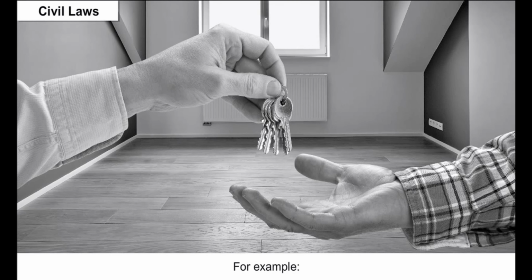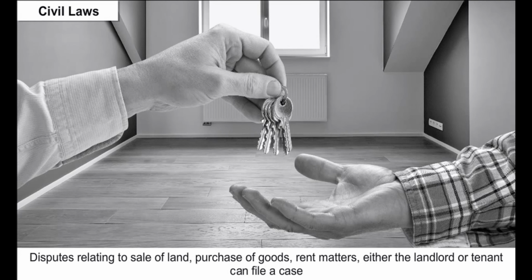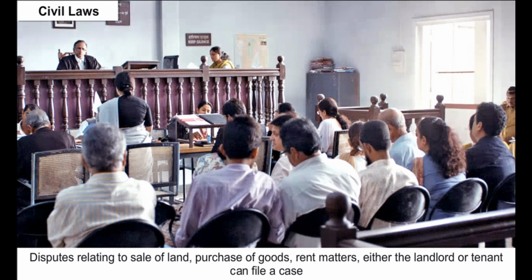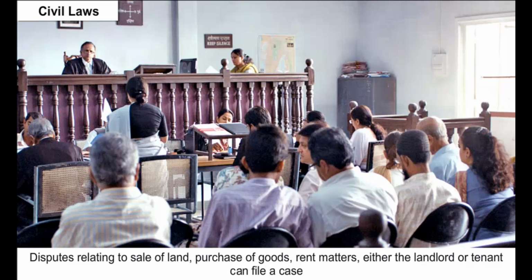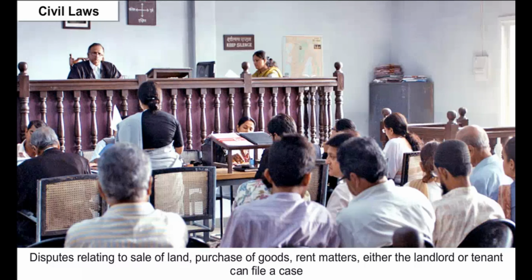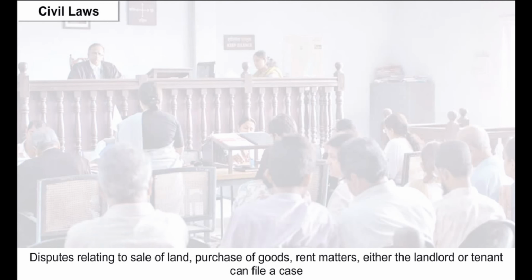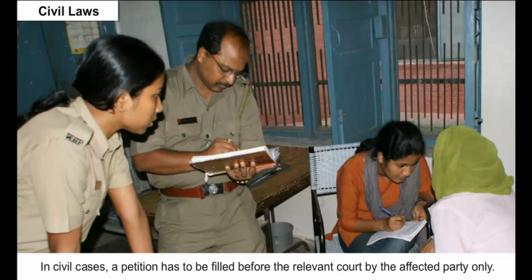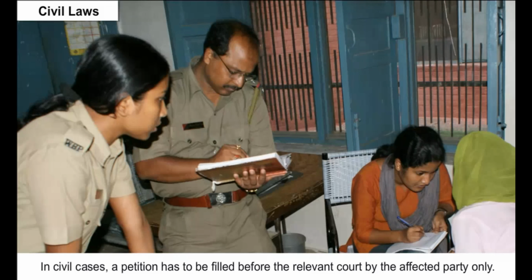For example, disputes relating to sale of land, purchase of goods, rent matters, either the landlord or tenant can file a case. In civil cases, a petition has to be filed before the relevant court by the affected party only.